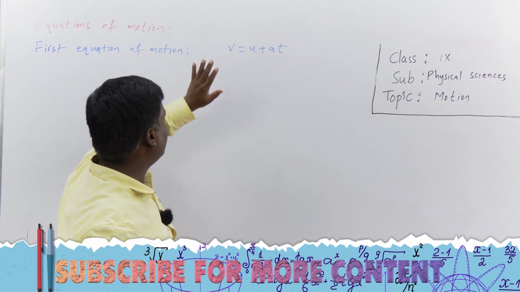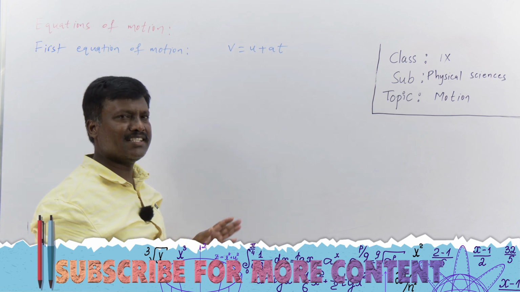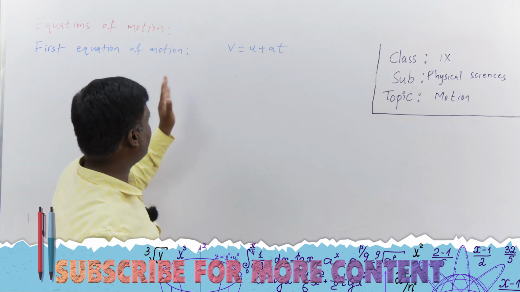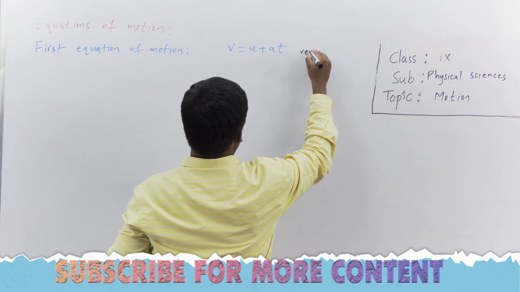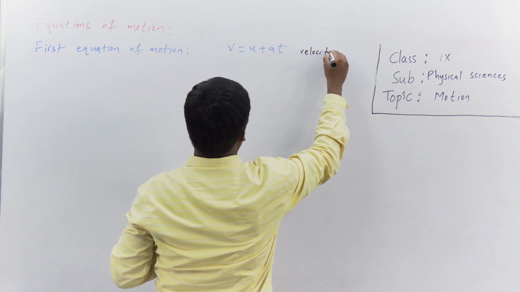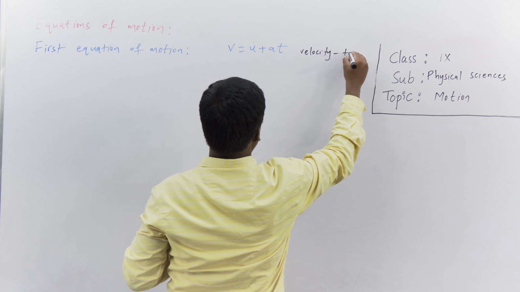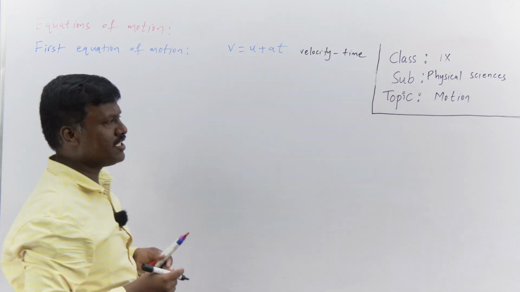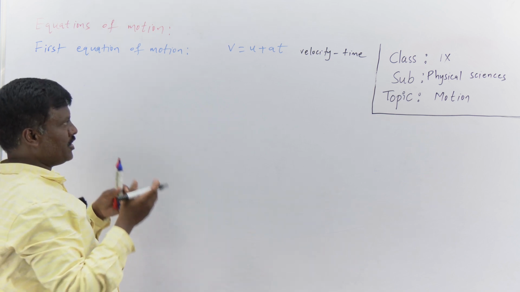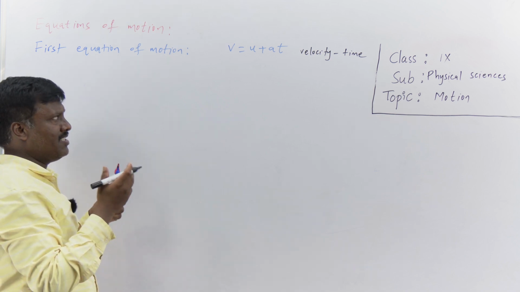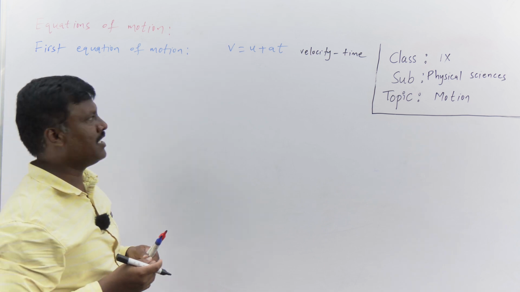That is why this equation is also called the velocity-time equation. With the help of this equation, we can find the velocity and time. This equation gives the relation between velocity and time, hence it is called the velocity-time equation.